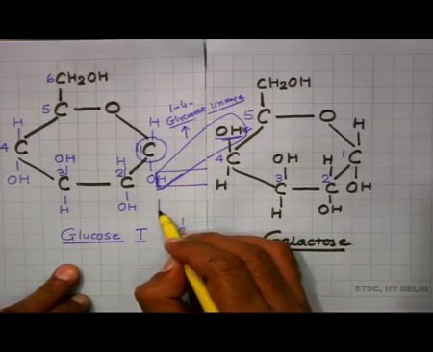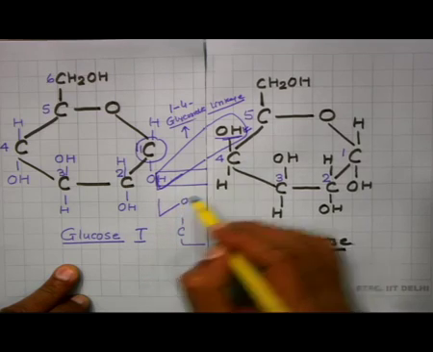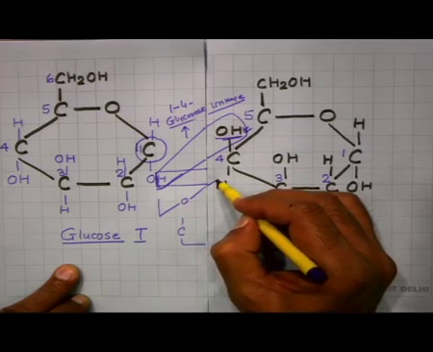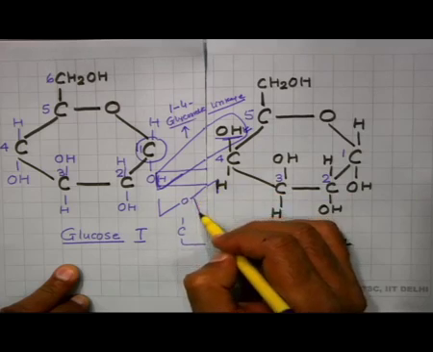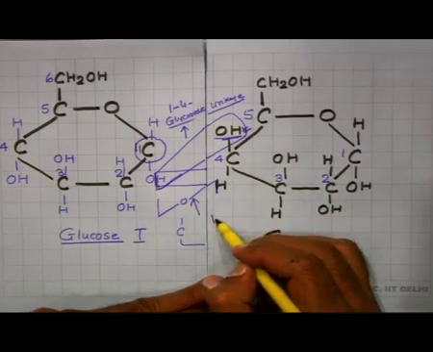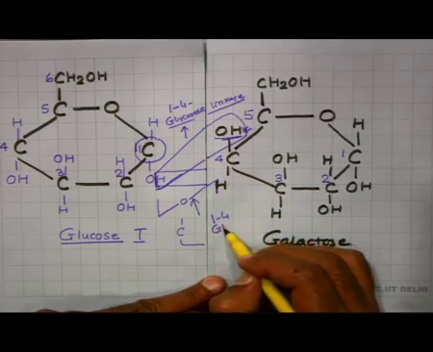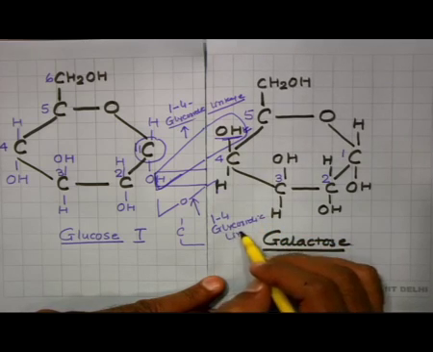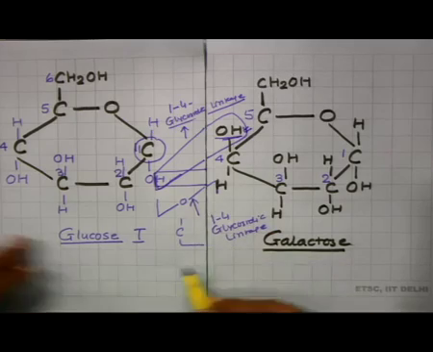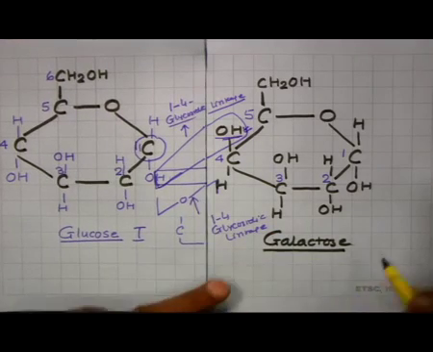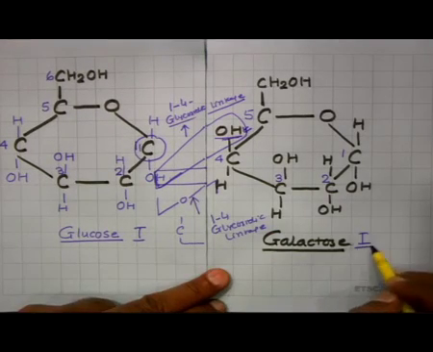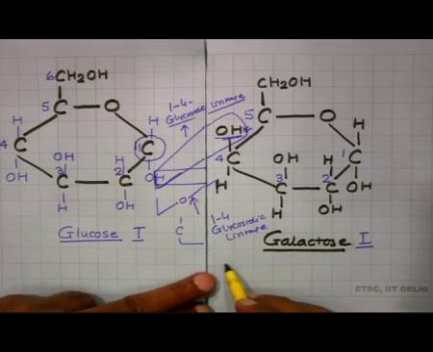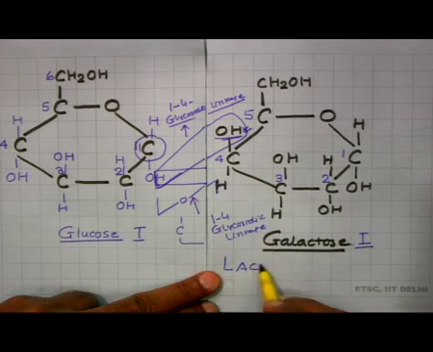The glycosidic link will be of this type. This one is called 1,4 glycosidic linkage. So, when one glucose molecule and one galactose molecule combine, it forms lactose.